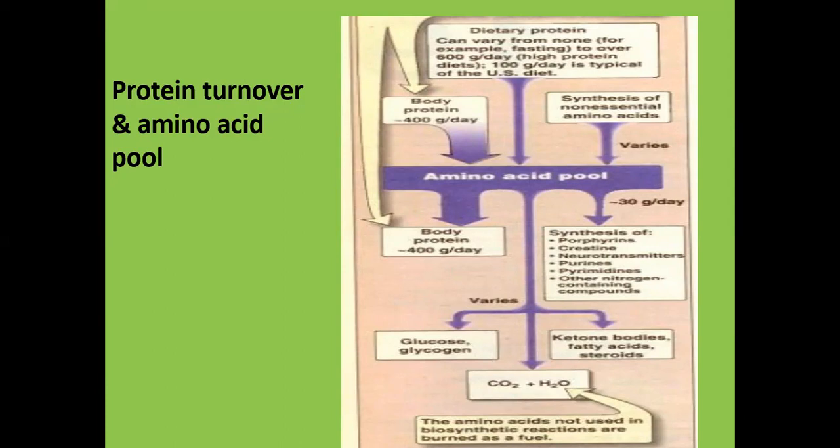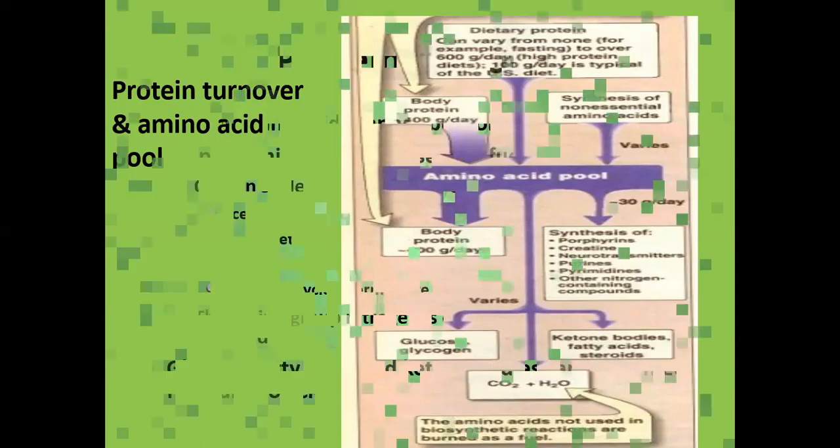Generally, we say 50% of the amino acids present in the pool are glutamate and glutamine, which play a role in the transport of ammonia. Then 10% are the essential amino acids, and the remaining 40% are other amino acids in the pool.